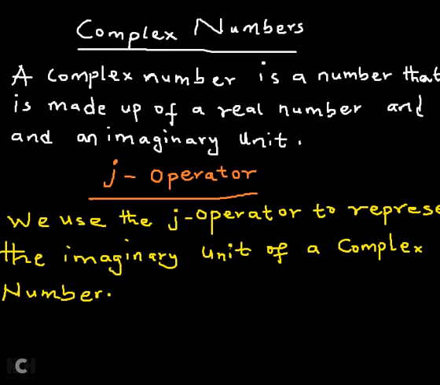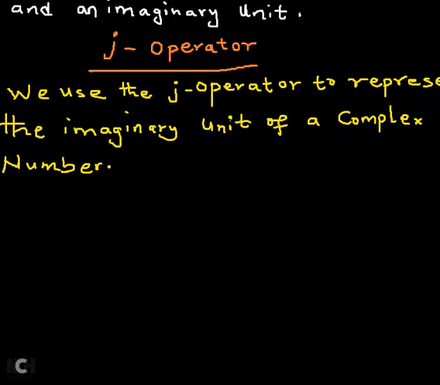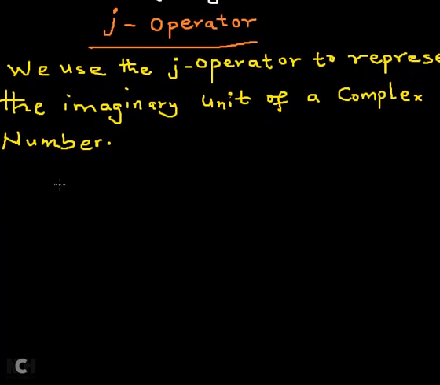So now let's talk about the J operator. We use the J operator to represent the imaginary unit of a complex number. So invariably, I can express a complex number in terms of a J operator.